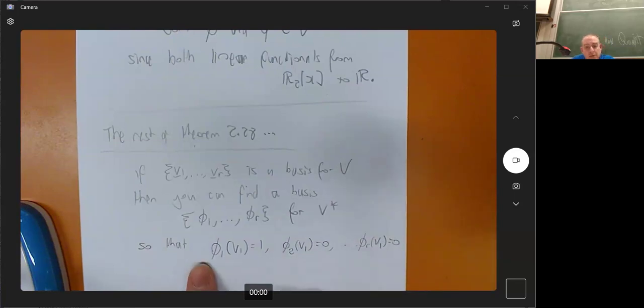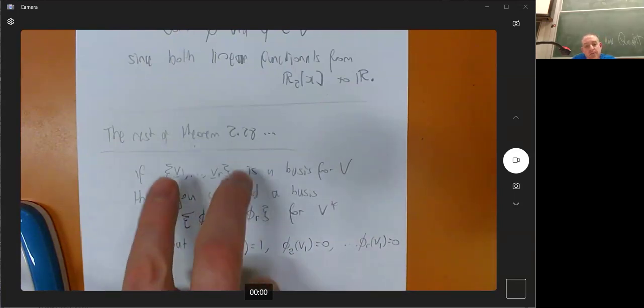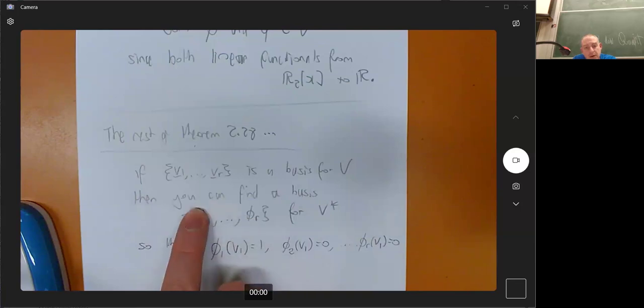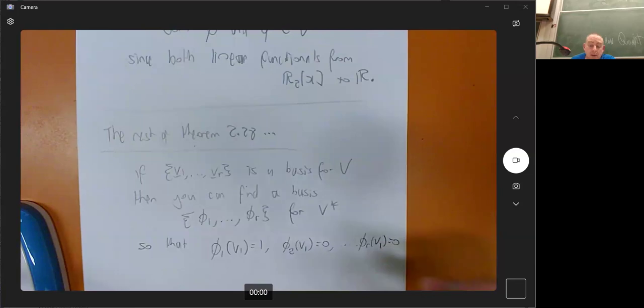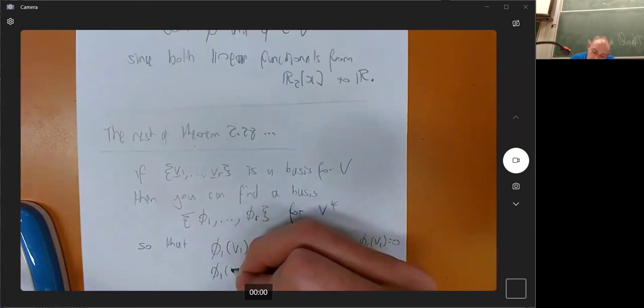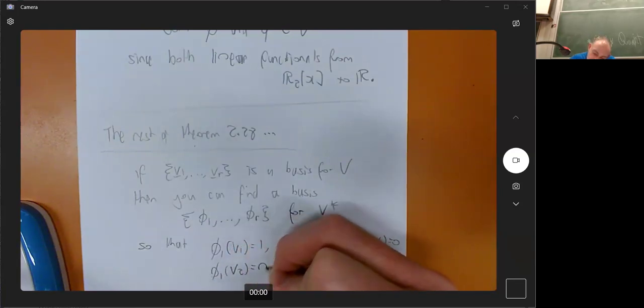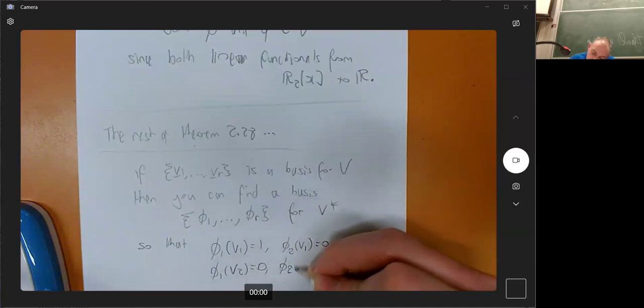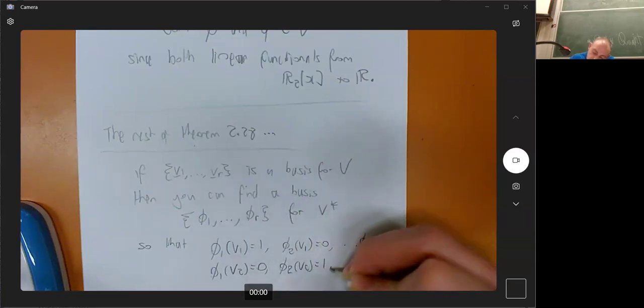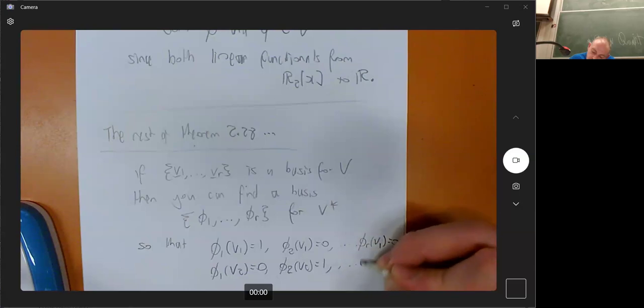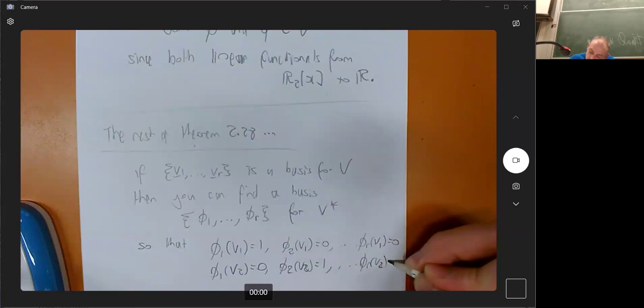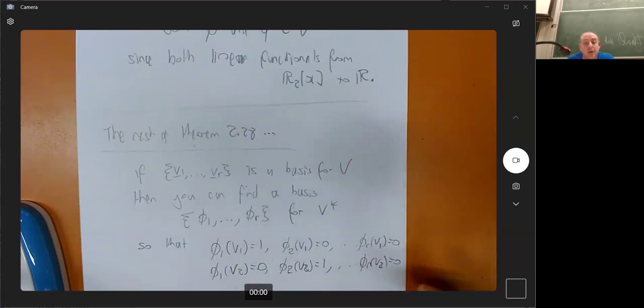So that phi 1, when you sub in the basis into phi 1, only V1 produces a 1 and all the other ones produce a 0. And when you sub in the basis into phi 2, only V2 produces a 1 and all the other ones produce a 0. And so on.